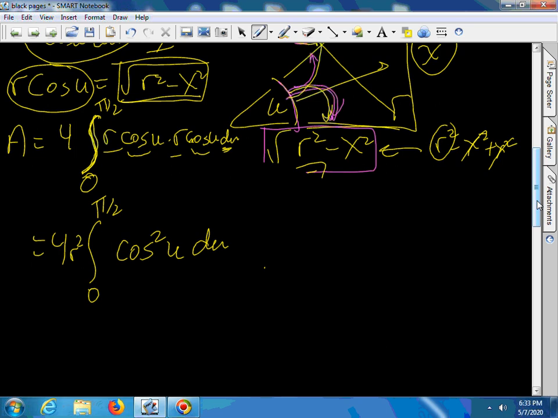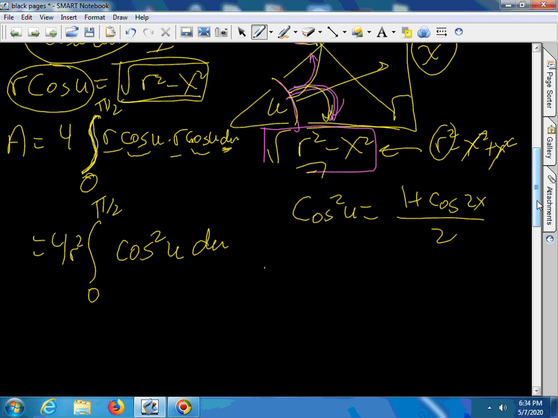When I looked at this for a couple of seconds, I realized that I don't see any trig substitution, any u substitution that I can make. But I know that cosine squared u is equal to 1 plus cosine of 2u over 2.